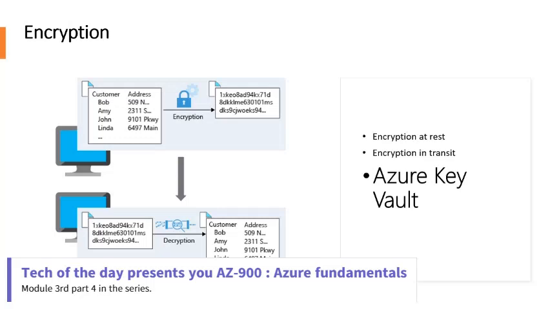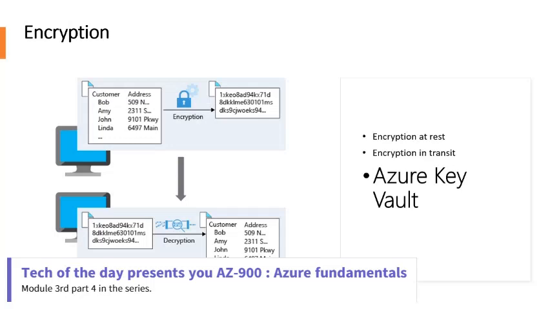Symmetric uses the same key to encrypt and decrypt the data, whereas asymmetric uses a public key and private key pair. Either you can encrypt, but a single key can't decrypt its own encrypted data. To decrypt, you need the paired key. Asymmetric is used for things like transport layer security, TLS. Also, it is used in HTTPS and data signing.